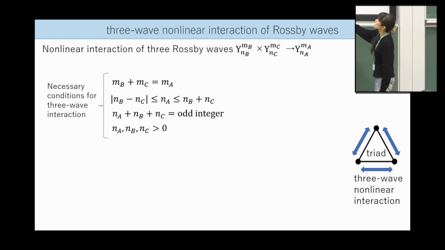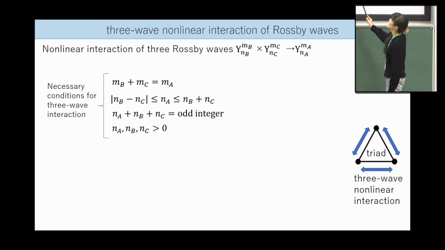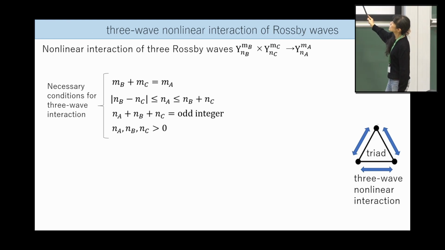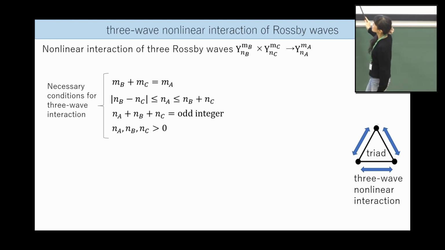We have two waves, wave B and C, interacting with each other and giving some effect on wave A. In order to have this kind of nonlinear interaction, these conditions have to be satisfied. This is the condition for the superscript m, and these are the conditions for the subscript n.